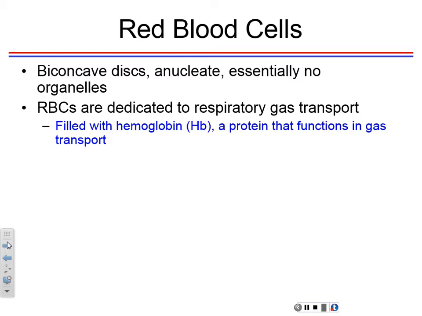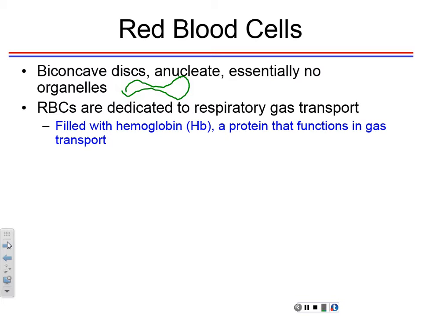Okay. So, like I said, they're biconcave discs. Biconcave, two concave sides, and it doesn't have organelles. It makes sense too, right? Because after you produce all the hemoglobin you need, you're not going to be needing all these organelles in the cell. It's just going to make the cell more what? It's not a trick question.